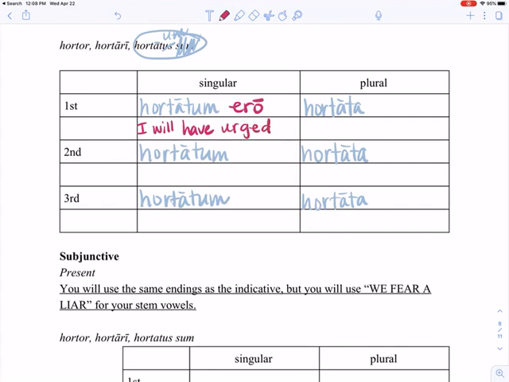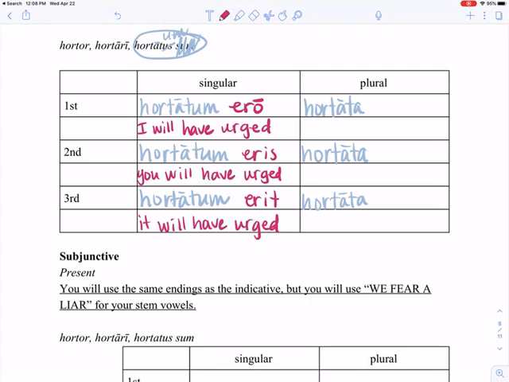For second singular, we're going to have hortatum eris, and this is you will have urged. For third singular, we're going to have hortatum erit. And again, because it's neuter, we can only use it. It will have urged.